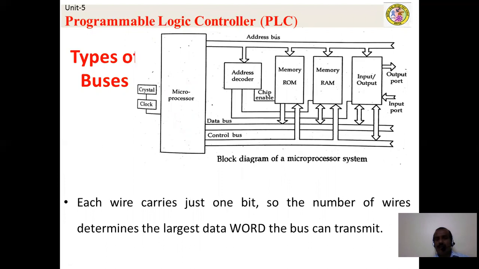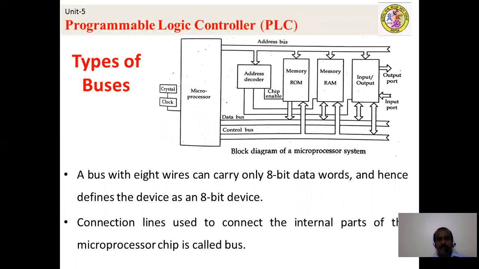Each wire carries just one bit of data, so the number of wires determines the largest data word the bus can transmit. A bus with 8 wires can carry only 8-bit data, and hence it defines the device as an 8-bit device.